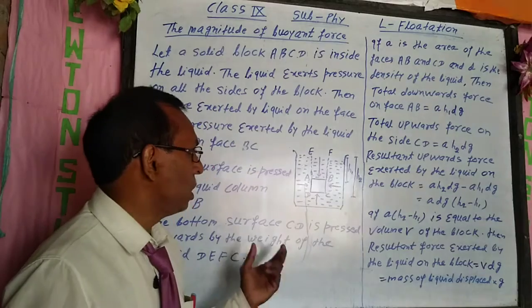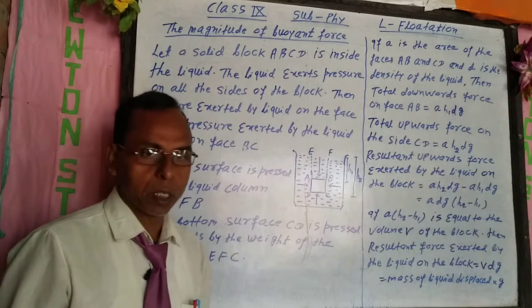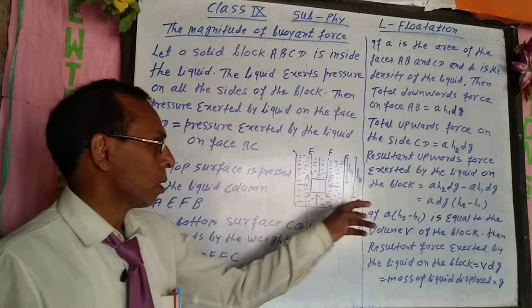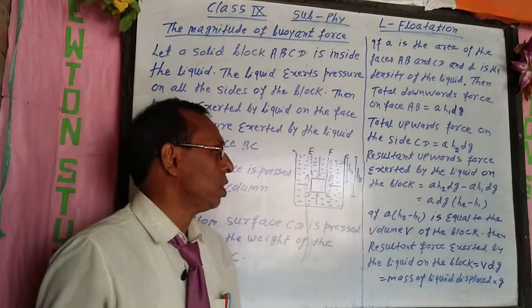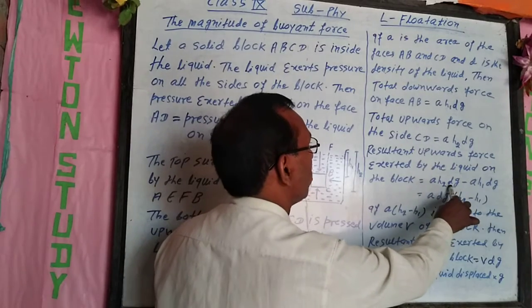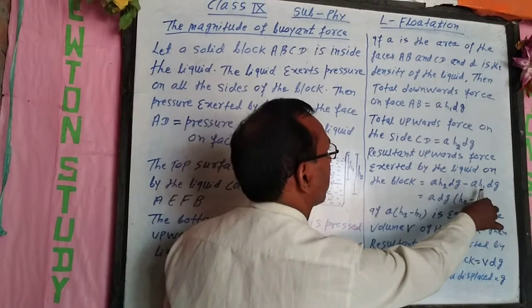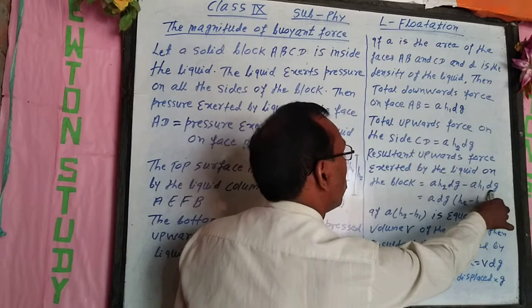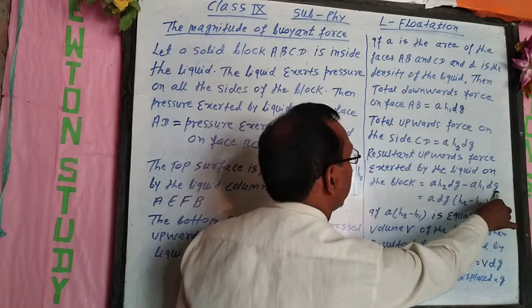So the resultant upward force exerted by the liquid on the block is equal to A H2 D G minus A H1 D G.